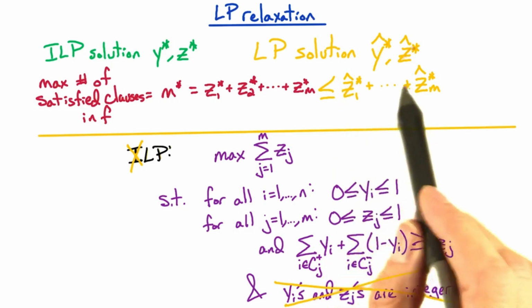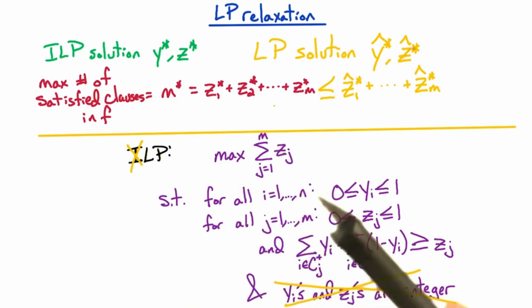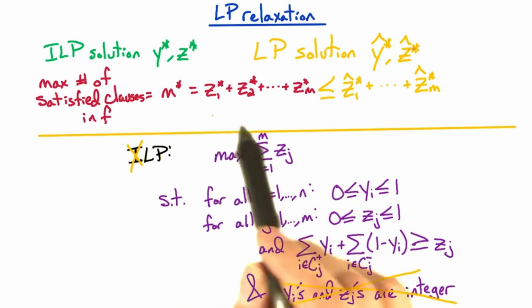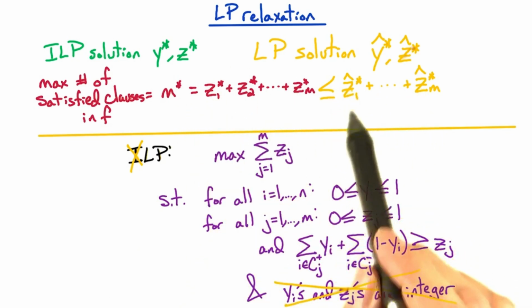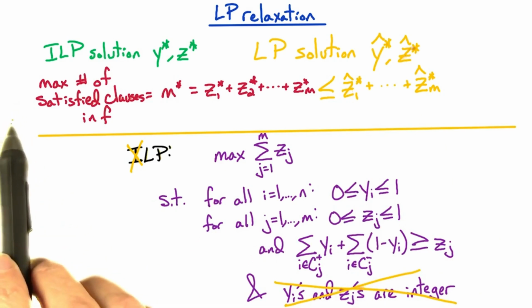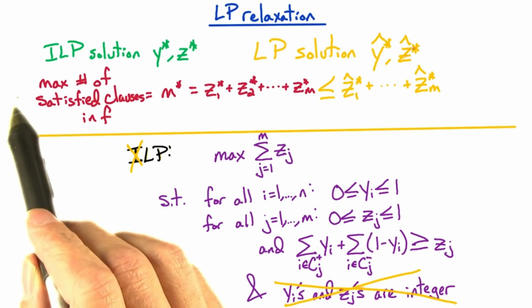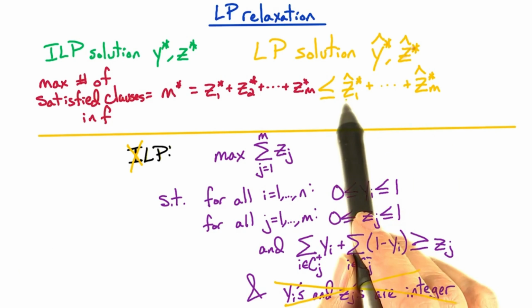And since this fractional solution is at least as good as the optimal integer solution, then we know that the integer solution that we found is not that far off from the optimal integer solution. So we're going to take this LP solution, round it. That'll be worse than this optimal solution, but we'll show that this integer solution that we find is not far off from this fractional solution.